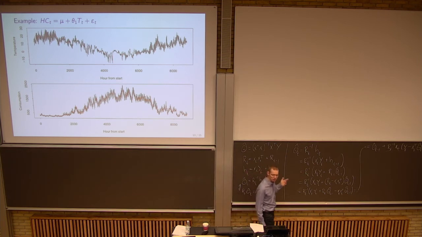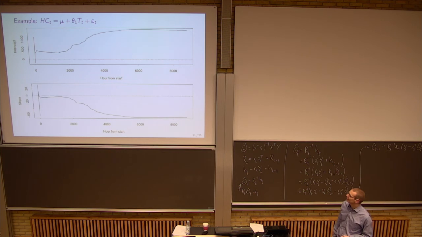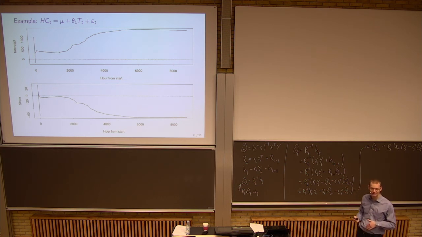We want, of course, to do this in an intelligent way, to use heat whenever we need it. If we run the algorithm from before, we get an estimate of the intercept. So when it gets to be winter, it increases, and the slope becomes more and more negative. And a negative slope means when the temperature is increasing, the heat consumption decreases.